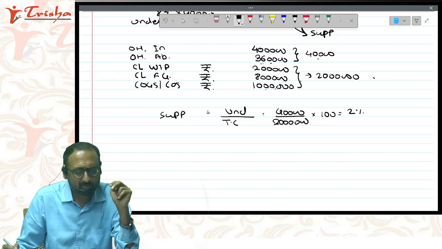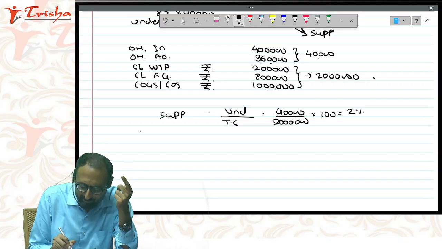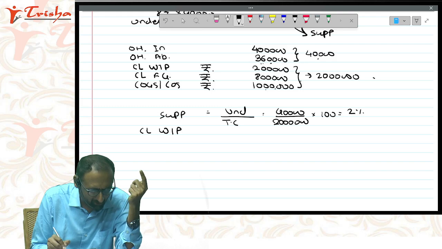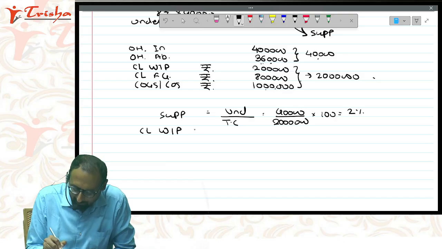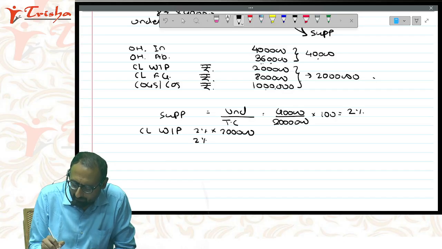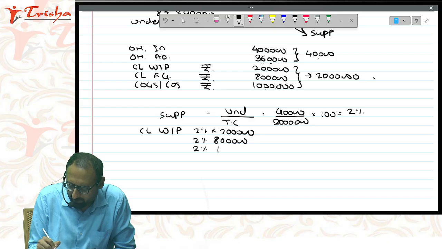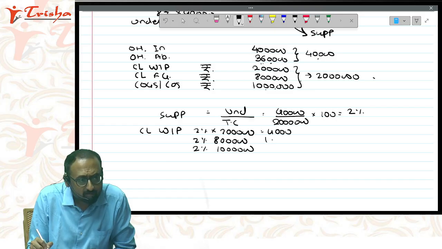In such a situation, increase the value of closing stock of WIP. So closing stock of WIP, 2% multiplied by 2 lakhs, 2% multiplied by 8 lakhs, and in the third scenario, 2% multiplied by 10 lakhs. Your answer comes to 4,000, correct? 16,000 and 20,000.